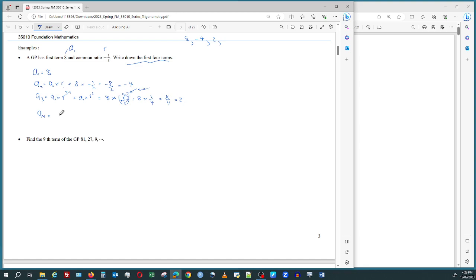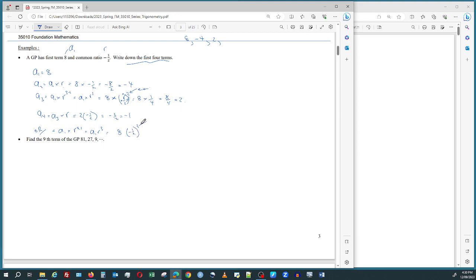A4 is equal to A3 times R, or it's equal to A1 times R to the 4 minus 1, which is A1 R cubed. A3 was 2, and the common ratio is minus a half. So it's going to be 2 times minus a half, or we're going to go for 8 times minus a half cubed.